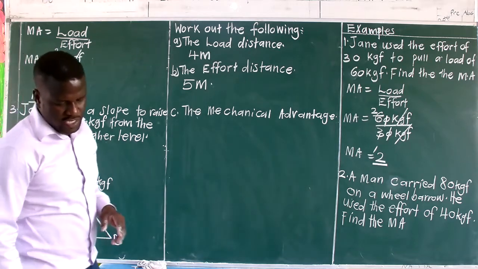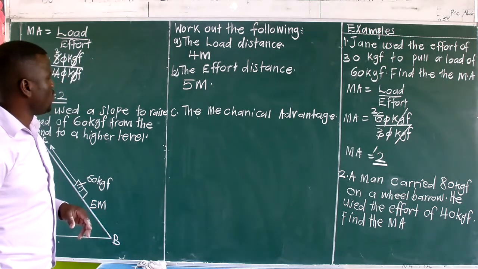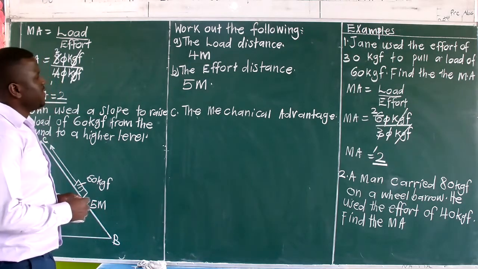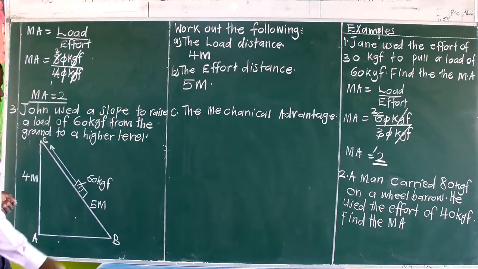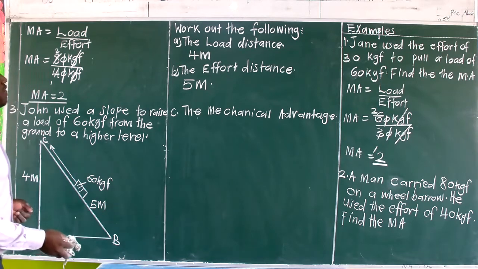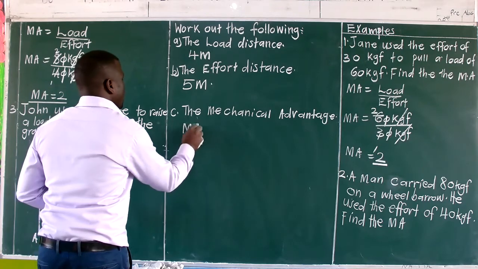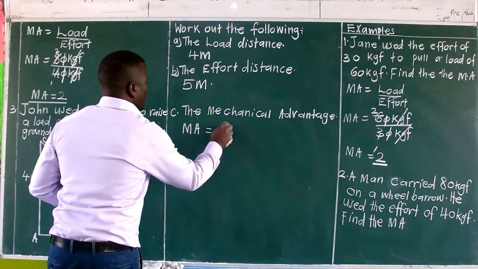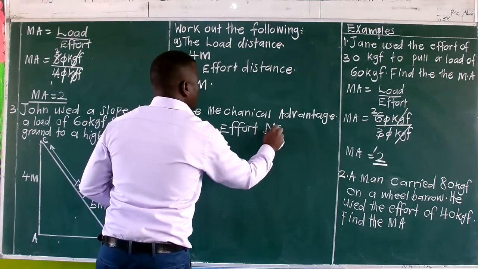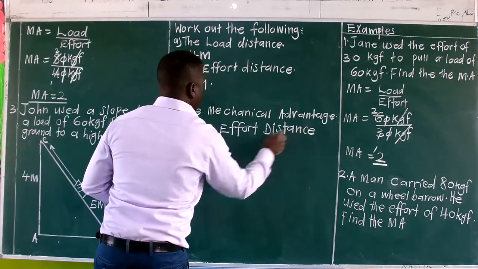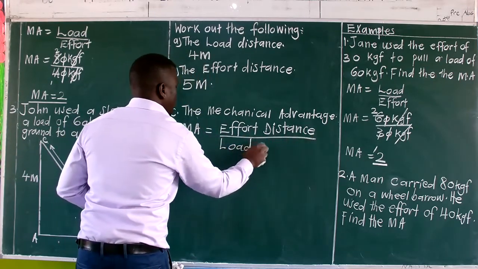Therefore, the formula is going to change, and we shall say mechanical advantage equals effort distance divided by load distance.